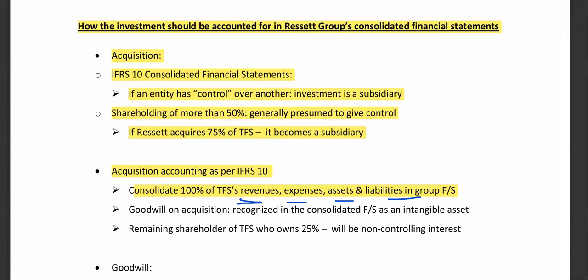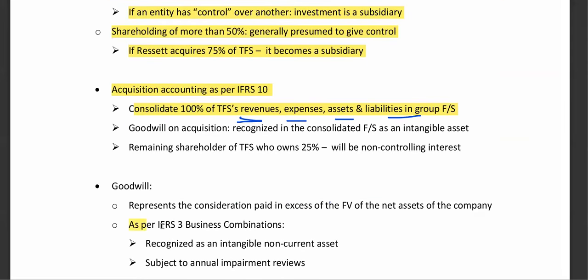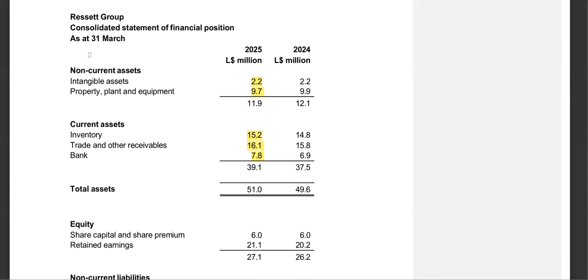And remember, goodwill on acquisition should be calculated and accounted for in terms of IFRS 3 business combinations. So this goodwill figure will be recognized as an intangible non-current asset in the group statement of financial position. I repeat, in the group statement of financial position. So in Ressett's SOFP, we will recognize goodwill as an intangible asset in the group consolidated statement of financial position.